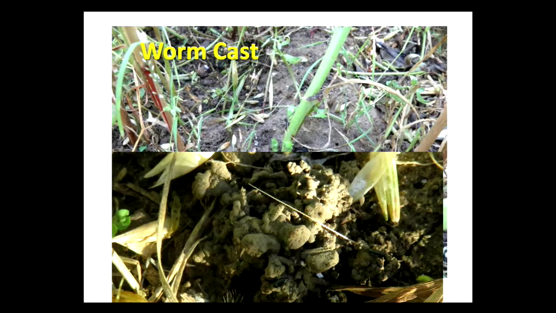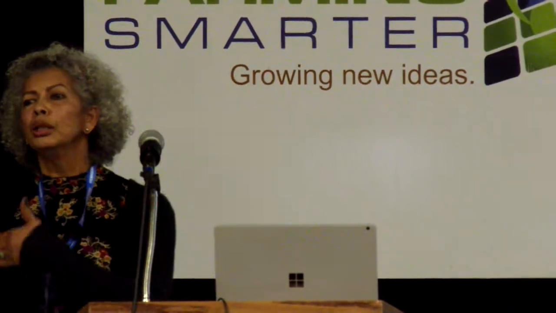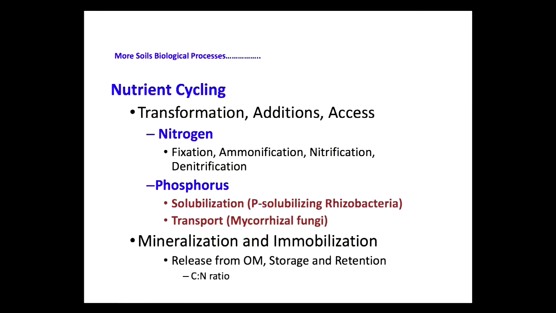And then we have some area here with some worm casts, and this is one picture that I took in one of my cocktail crops. You can see where the worm cast is produced, and this is helping the soil with the aggregation formation in there.